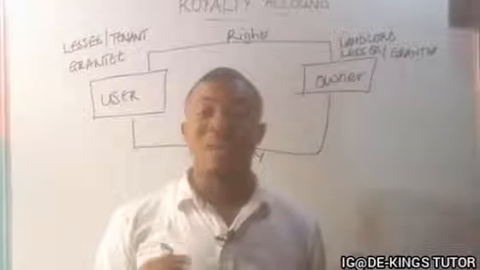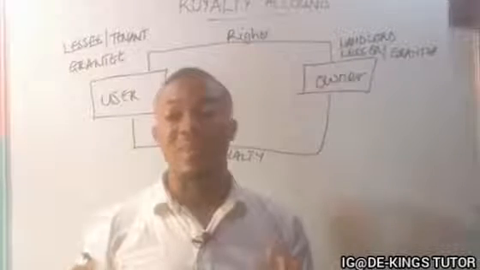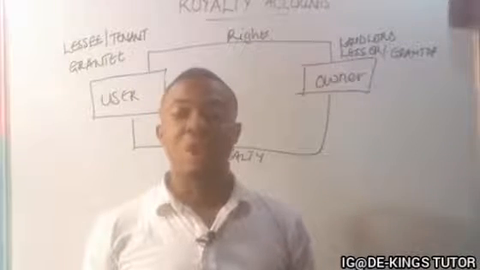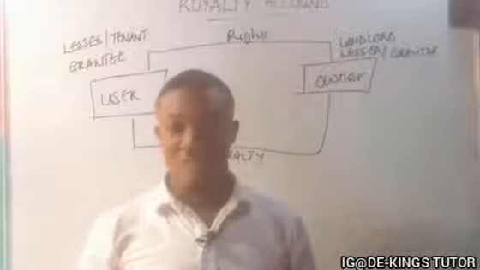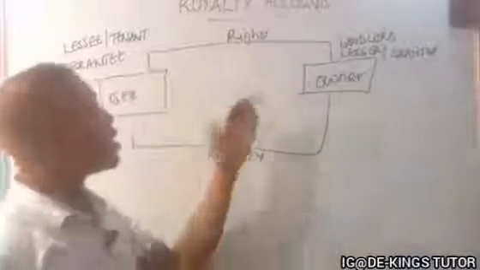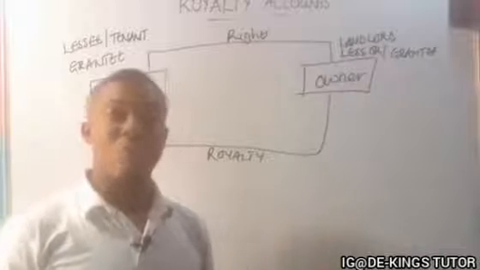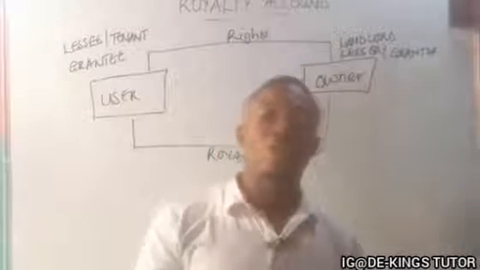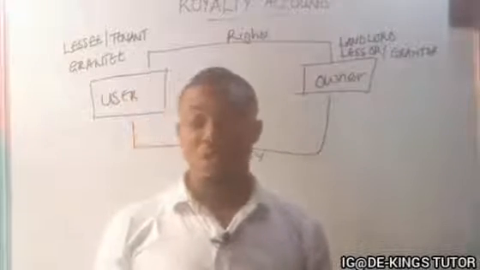The landlord has a right, but he is giving it to you for a specified period agreed by both of you. In return, you're enjoying the right to use the property, and you pay what we call rent. It's the same thing we are talking about. So there are many terms associated with this that we are going to look at now, so that when we venture into preparation of the royalty account, it will not be strange to us.